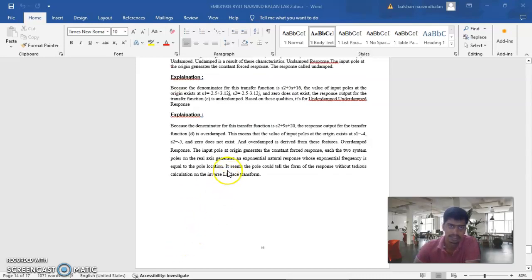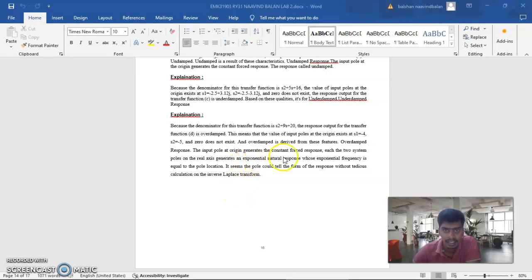So for the fourth question, because the denominator of the transfer function is s square plus 9s plus 20, it is overdamped. It means the input poles are at S1 equals negative 4 and S2 is negative 5. So overdamped is derived from the feature of the overdamped response.